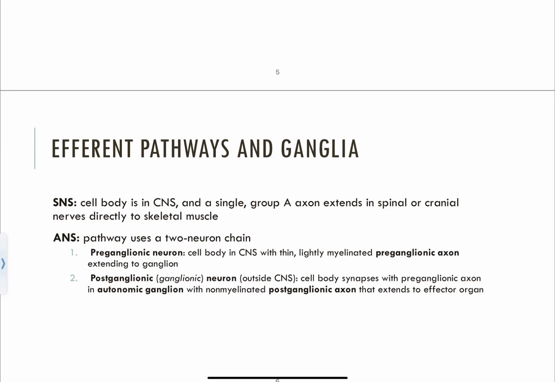Pathways, we don't have any ganglion when we talk about the sympathetic nervous system. If you remember, ganglion are collections of cell bodies outside of the central nervous system.